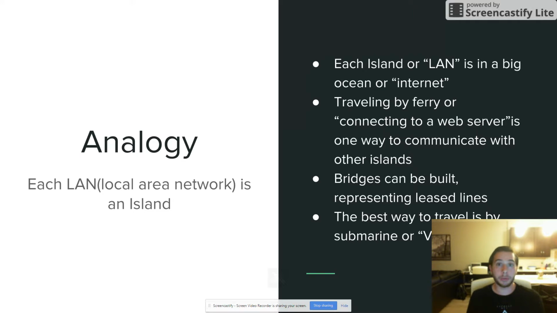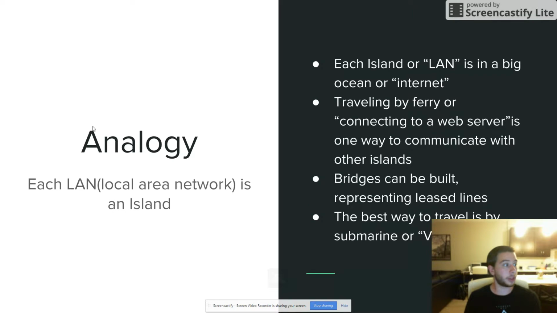But the best way to travel would be by submarine, because in this scenario there are a few benefits to having a submarine. For example, it's fast. It's easy to take with you wherever you go. It's able to completely hide you from any other boats or submarines.